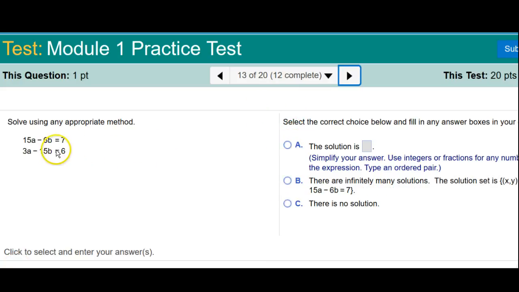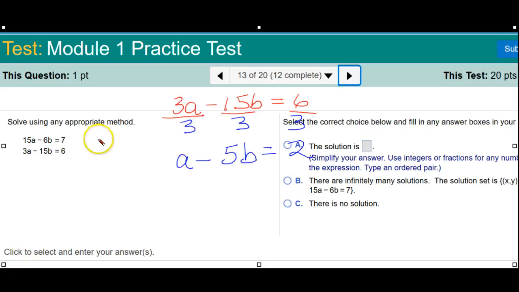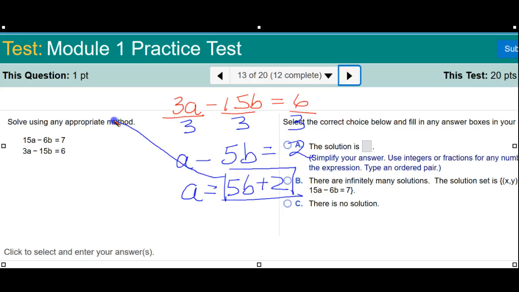Now, for something like this, as you look at it, you might say, well, what can I do here? And they're allowing you to brainstorm. So one suggestion I see in the second equation, if I divide everything by 3, I get this. So now if I solve for A, I transpose that and I get 5b plus 2. So I can take that now and go where A is in the other equation, and I can use substitution.